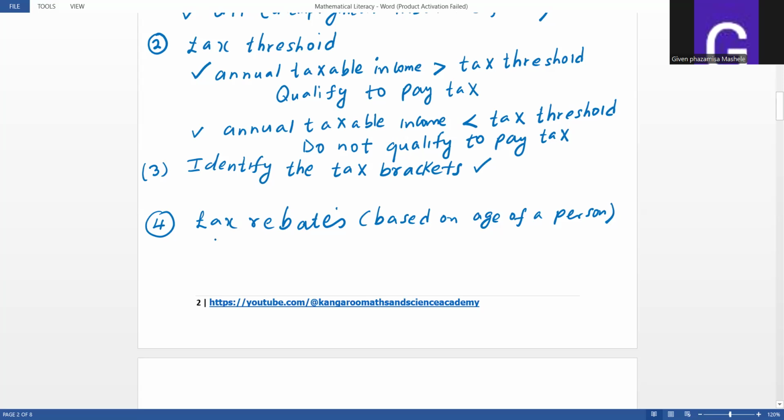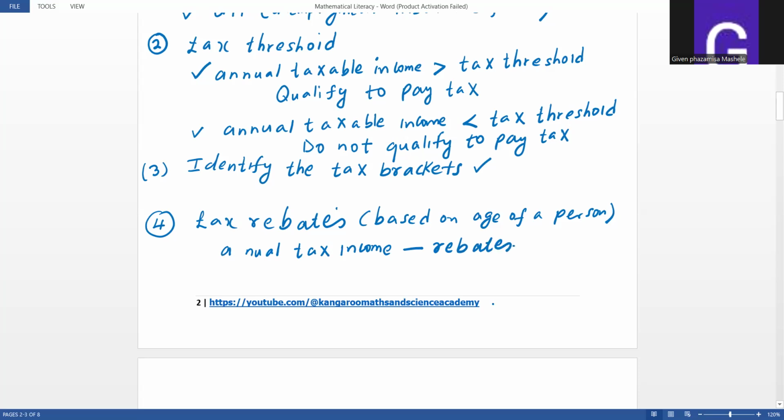So what does this mean? It means we take that annual tax and subtract the rebates, which we are going to talk about.